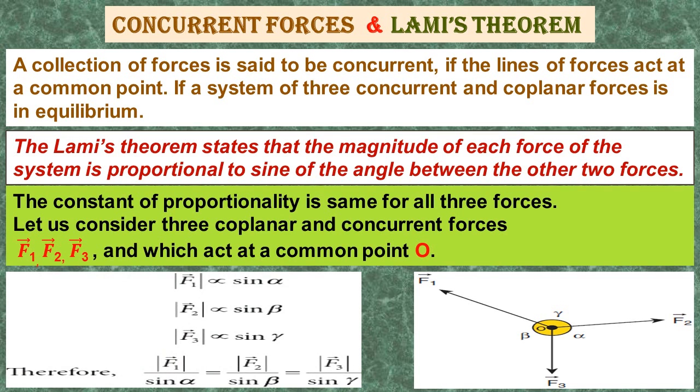So the magnitude of F1 is directly proportional to sine alpha, F2 is directly proportional to sine beta, and F3 is directly proportional to sine gamma. Therefore, |F1|/sin alpha = |F2|/sin beta = |F3|/sin gamma.